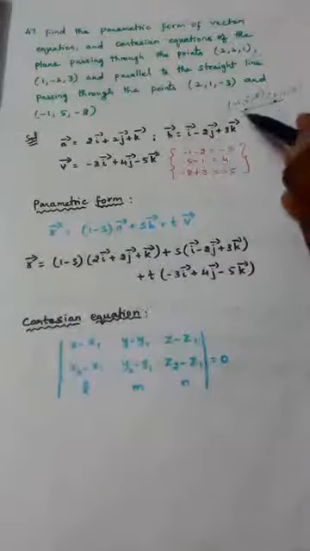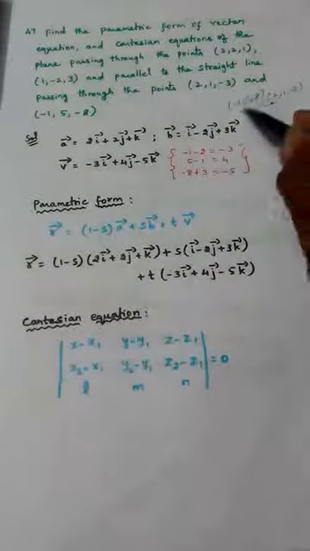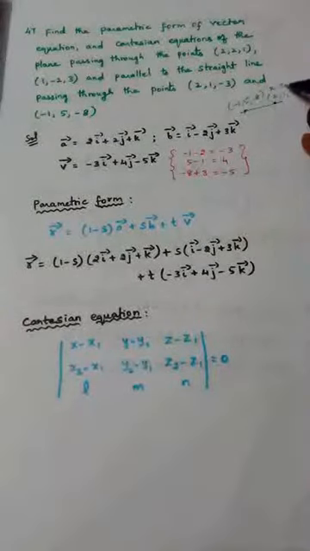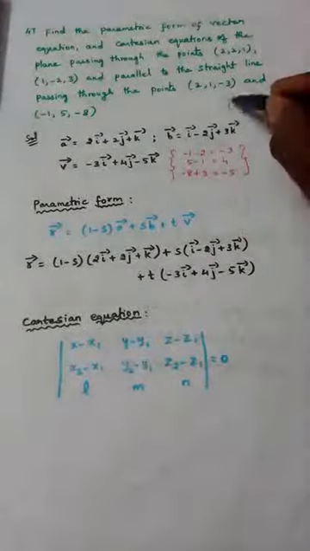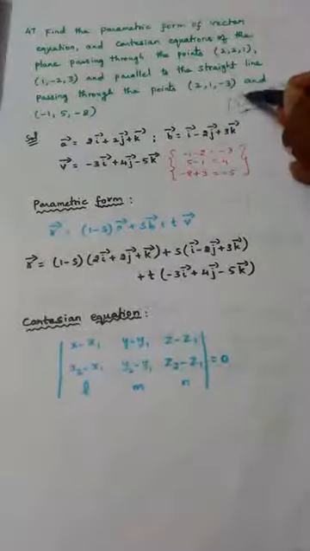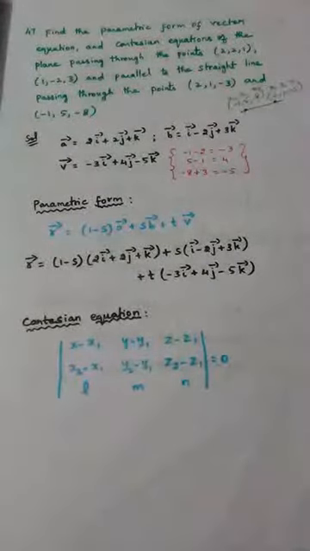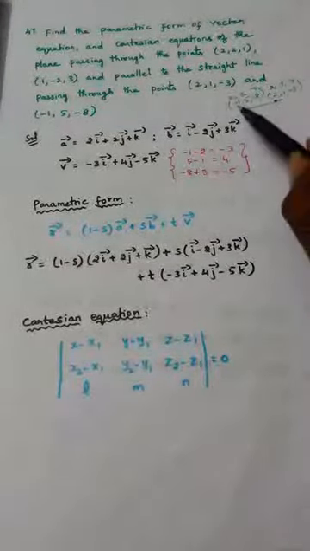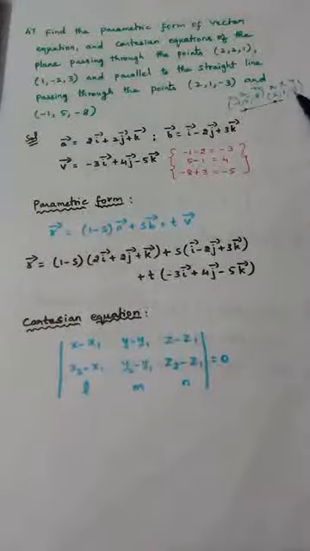Finally, since the line passes through these 2 points, I can consider the first point as x1, y1, z1, for example, and this point can be treated as x2, y2, z2. We know very well the direction ratios can be calculated using the formula x2 minus x1, y2 minus y1, z2 minus z1.